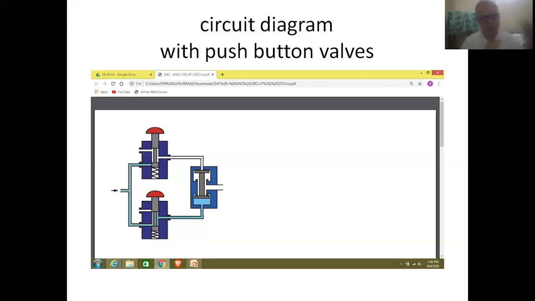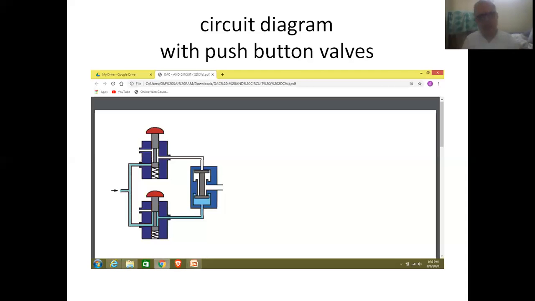So both the first and second valves are respectively used for performing forward and backward strokes of the piston. Therefore they are referred to as end valve circuits.